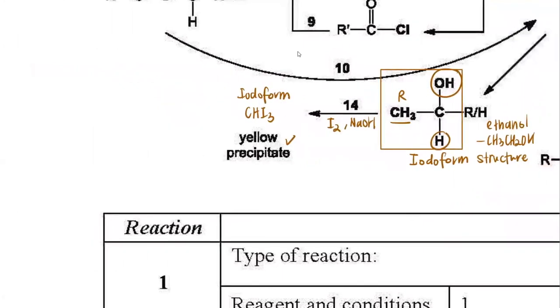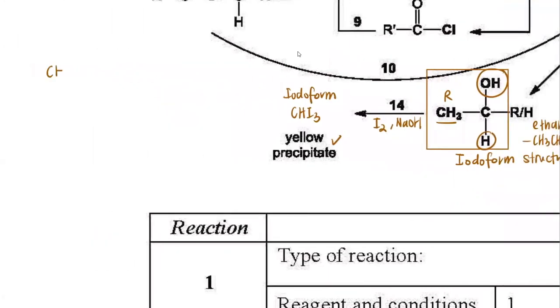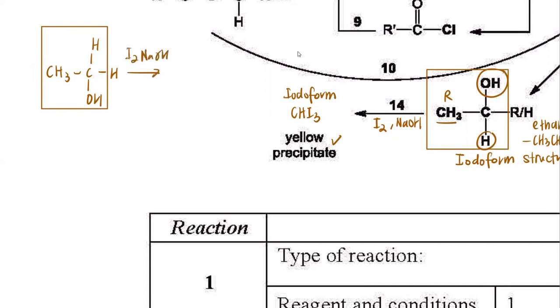This structure is found in compounds like, for example, ethanol. So this is ethanol, and ethanol has this iodoform structure. Later when it reacts with I2 and NaOH, it will form CHI3 and NaI.